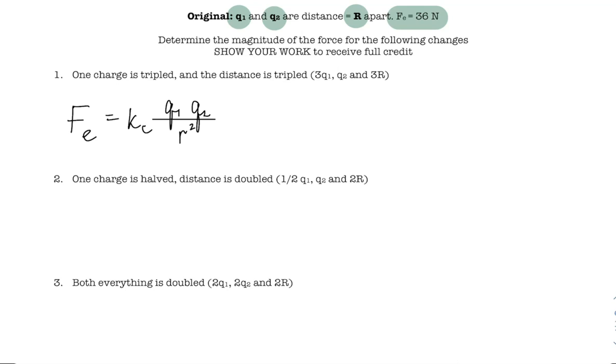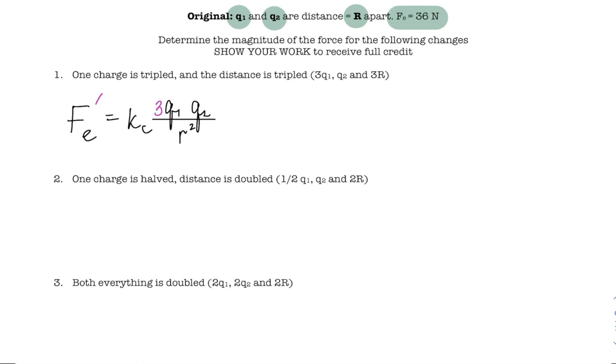How do you figure out the change? Well, what I'm going to do is change the color, put an apostrophe right here, and then add the changes. So in question 1, we know that one of our charges tripled, so I'm going to put 3 right here.